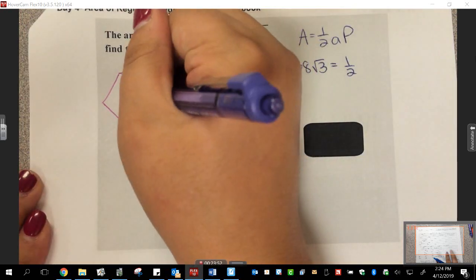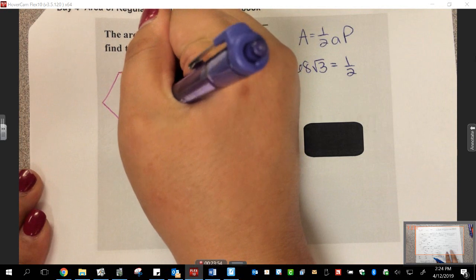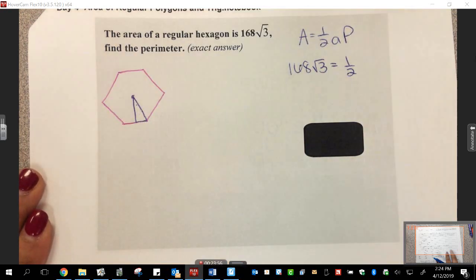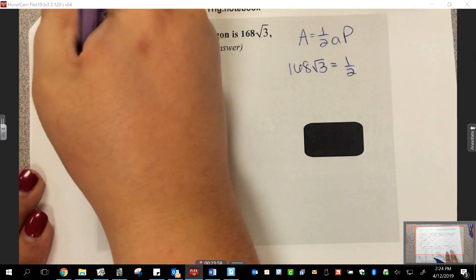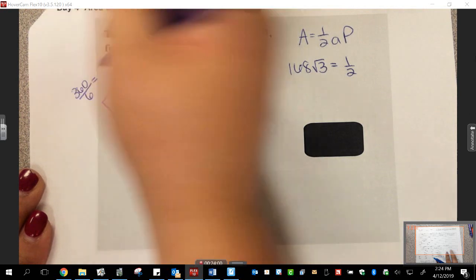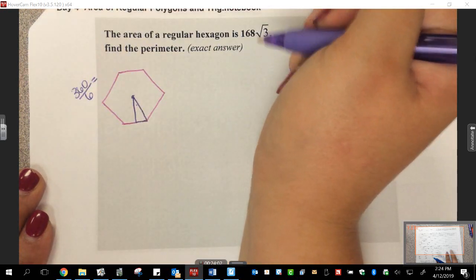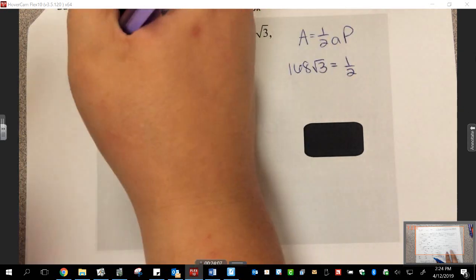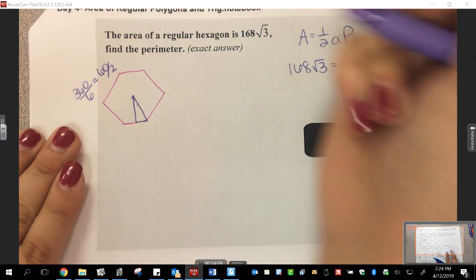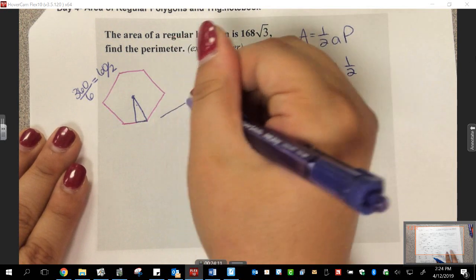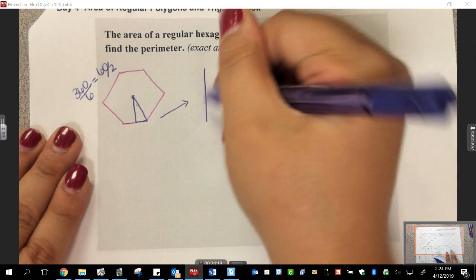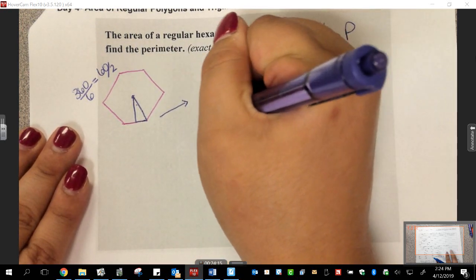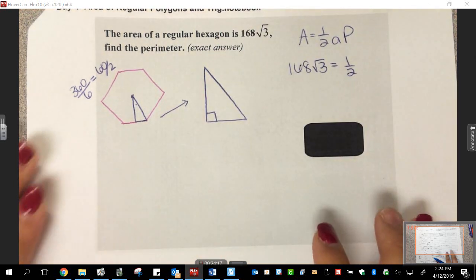The only thing I can figure out right now is that I can figure out that angle by doing 360 divided by 6, which is 60. 60 divided by 2 is 30.